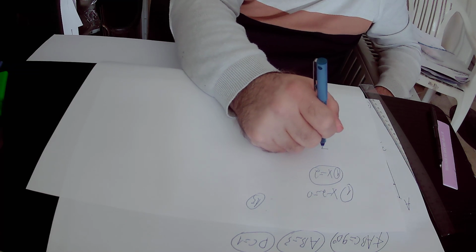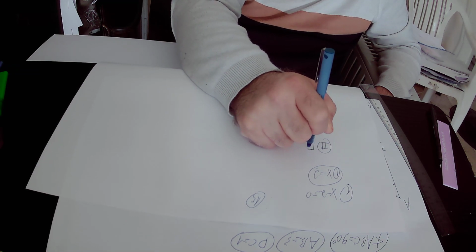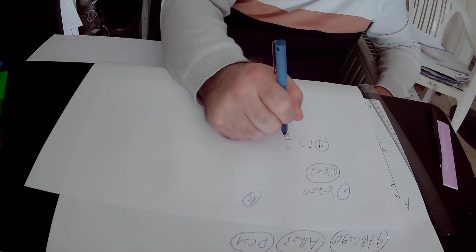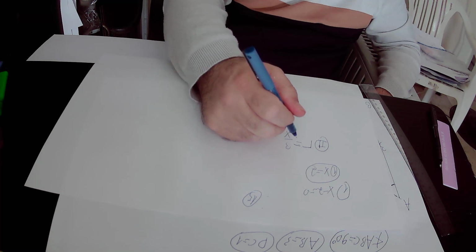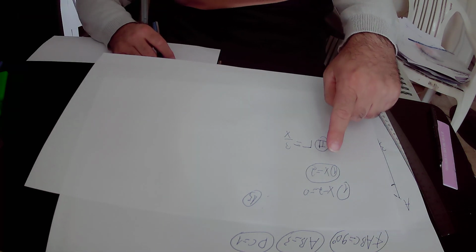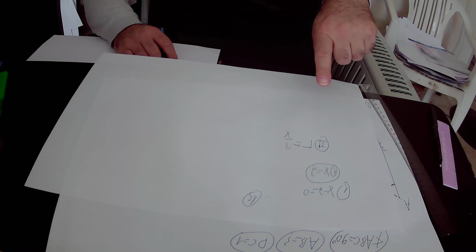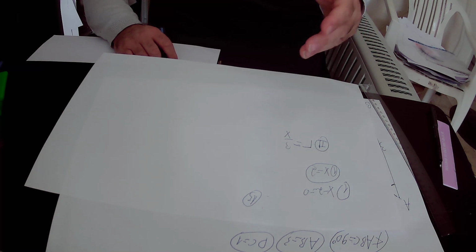But we've already found out that according to equation number 2, the radius of the semicircle equals to 3 over x, and we know that x equals to 2.